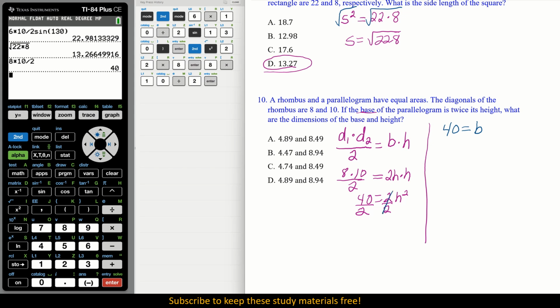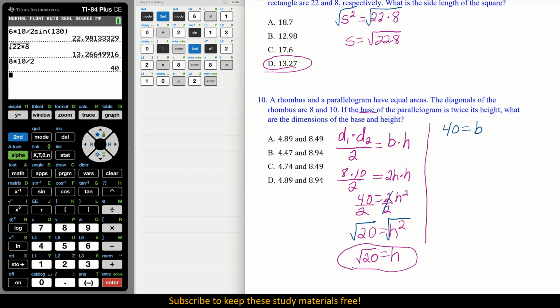Now we divide by 2 on both sides, and this cancels. So now we have 20 equals h squared. So that means that we need to square both sides, put them under the square root. So we're going to leave this as h equals 20 under the radical. All right, so what does our height equal?